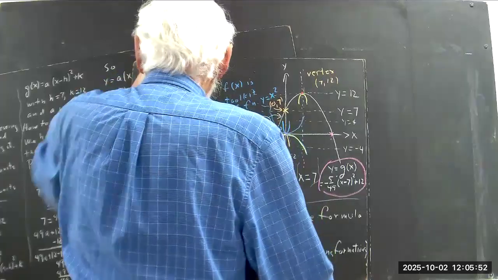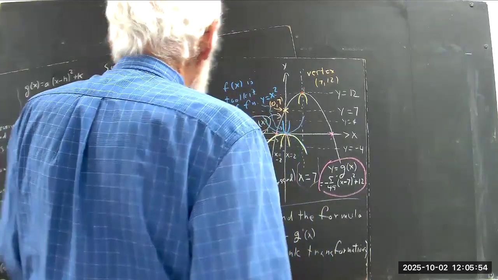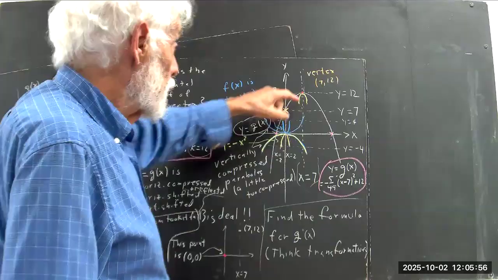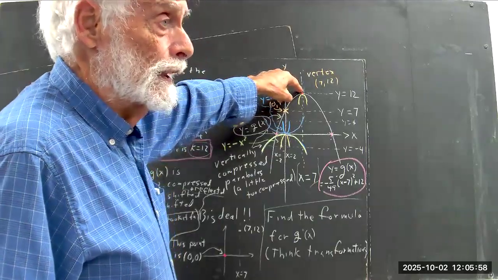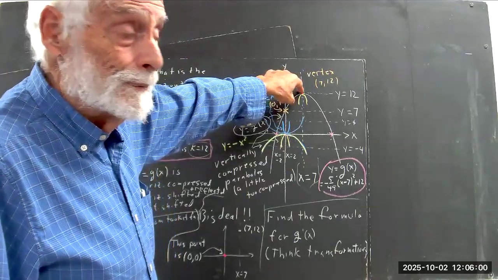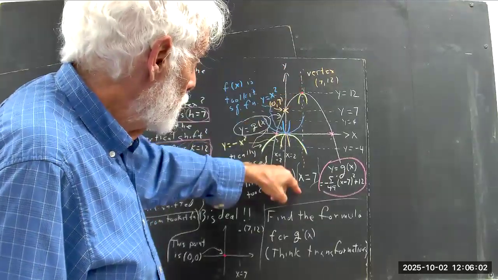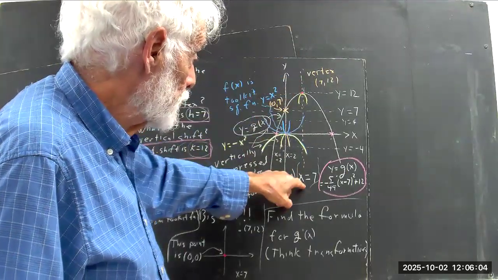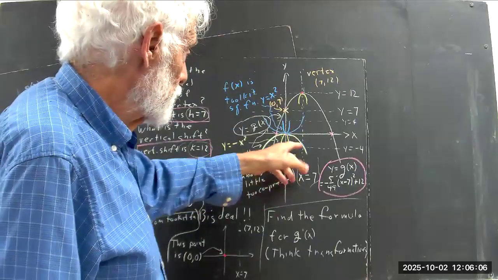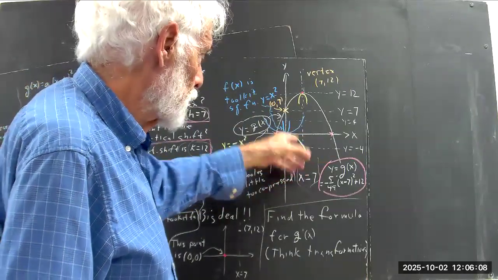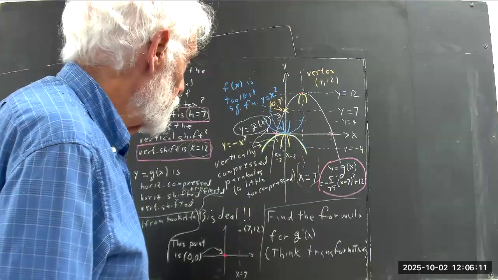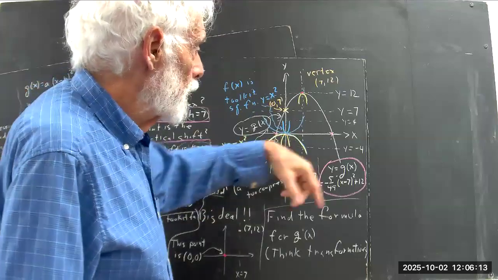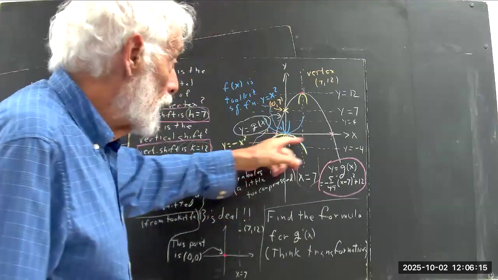So we'll fix that in a minute. The vertex is kind of our central point, so we want to draw a vertical line through the vertex and label it x equals 7. Somebody had it a little to the right or a little to the left. Doesn't matter.